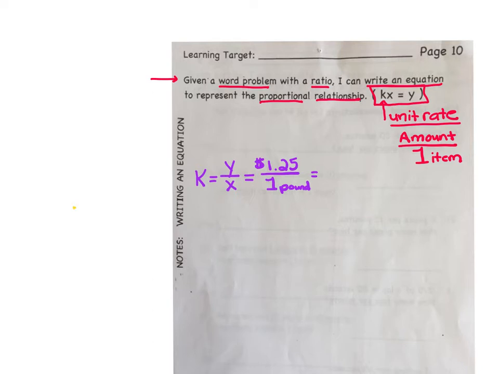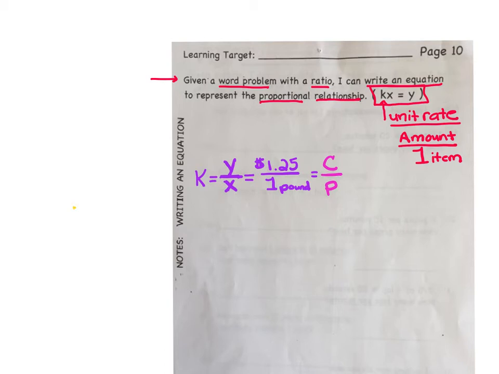And we're asked to write an equation. Well, we're not required to use the variables y and x. We can use other variables, perhaps a c for cost, and instead of an x in the denominator, we could use p for pounds of candy.